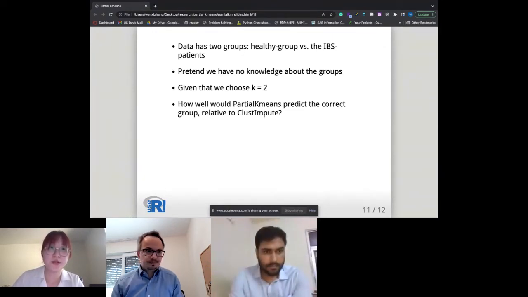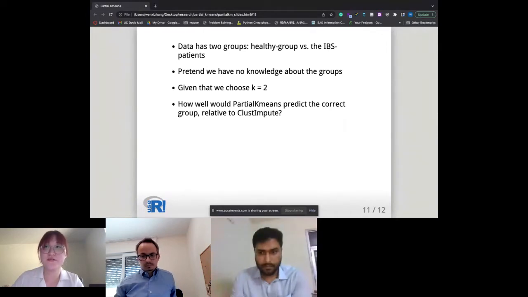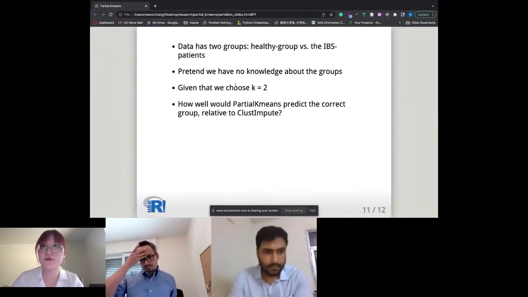Since we're doing unsupervised learning here, let's again pretend that we have no knowledge about the two groups. And as always, choosing the number of clusters is difficult. So given that we choose k equals 2 in the IBS dataset, we want to see how well our partial k-means predicts the correct group relative to ClusterImpute.